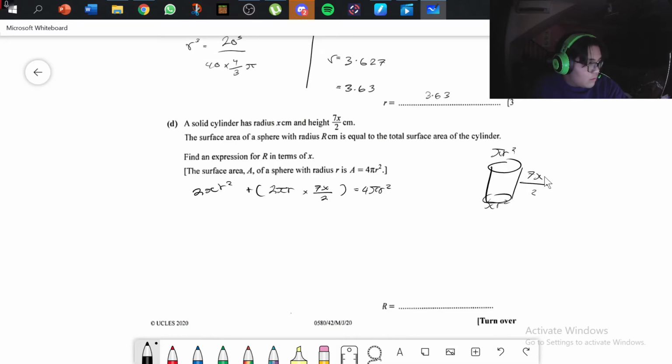We can cancel the pi and the common factors, and then we change the r into x, except for the one on the right, which we keep as r. So we get 2x squared plus x times 7x, which is 7x squared, equal to 4r squared. Then 9x squared is equal to 4r squared.